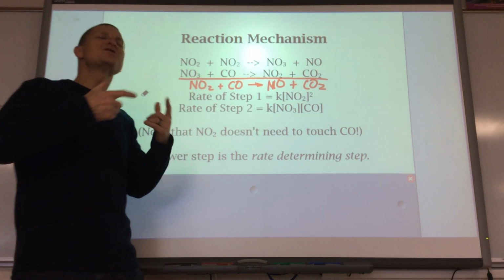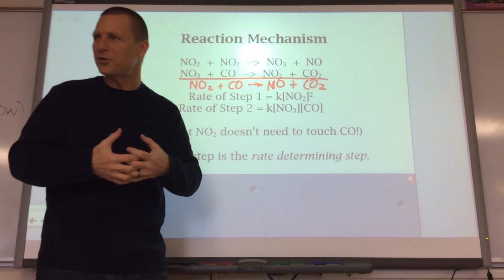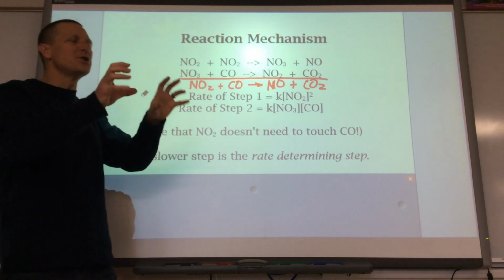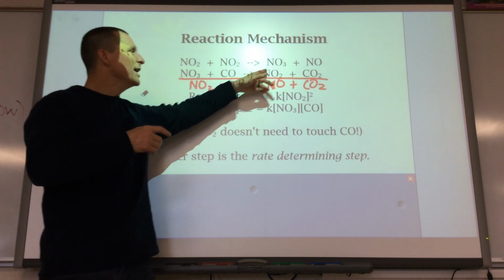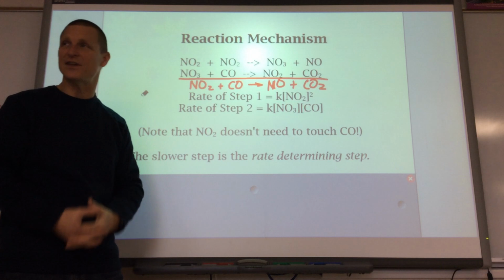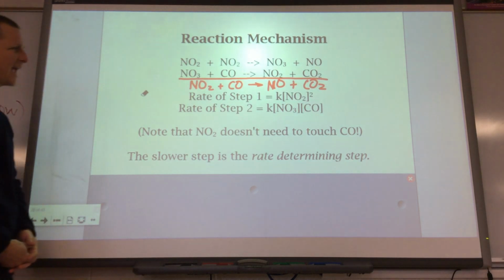But it turns out when these two are reacting, the NO2 and the CO don't ever have to interact with each other. Look at the mechanism. You have two NO2s that combine together, and they'll make an NO3, and then that NO3 reacts with the CO. So these two reactants don't necessarily have to even touch one another. It's kind of interesting how that can happen in chemistry.